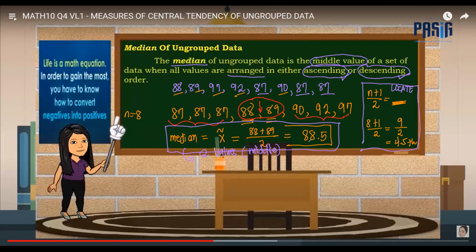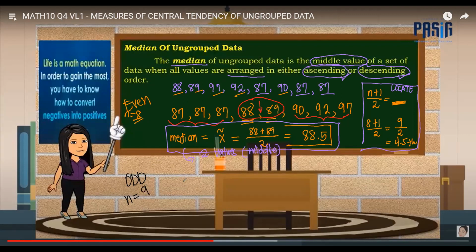Paano kung isa lang yung magiging value ng middle? Okay? Mangyayari lang po yan kapag odd yung number of data. Ito kasi kanina, even, 8. Paano kung odd? Kunwari, ang data natin ay 9 lang. Okay?